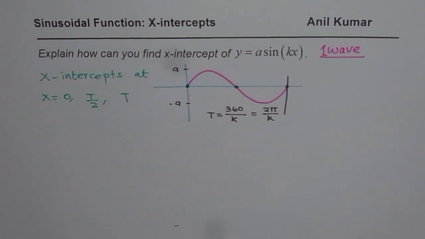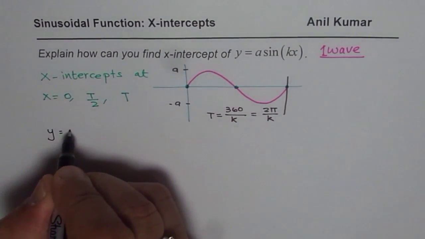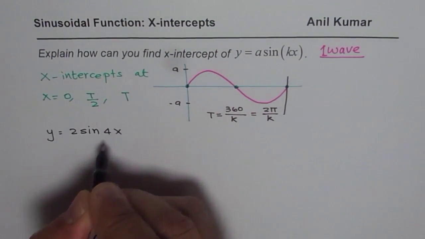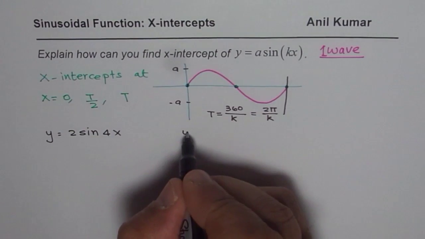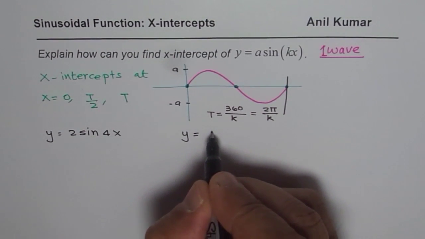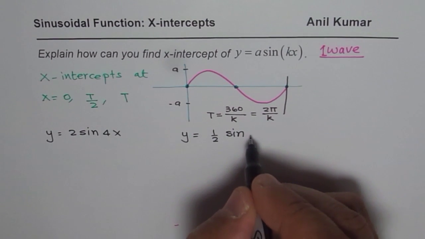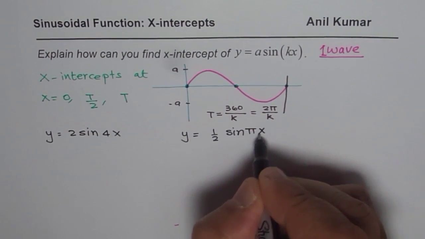So now what we will do is we'll just practice with a few examples. Let us say the first example is y equals 2 sine 4x. Write down the x-intercepts for this particular function. Let me take another function as y equals half of sine pi x.